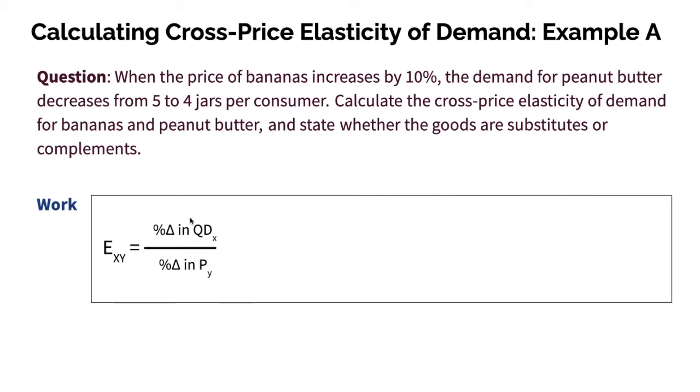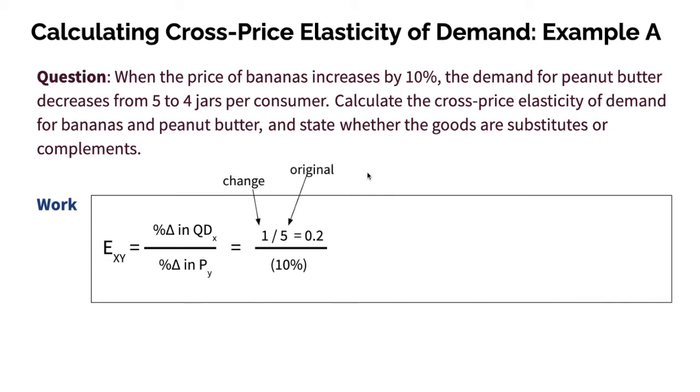So we've got the percent change in the quantity demanded of one thing over the percent change in the price of another thing. Let's set this up. The quantity change is 5 to 4, so the change is 1 over the original 5. That gives us 0.2. On bottom, we already have our price change of bananas of 10%.